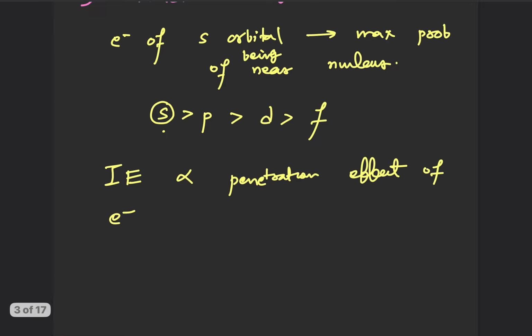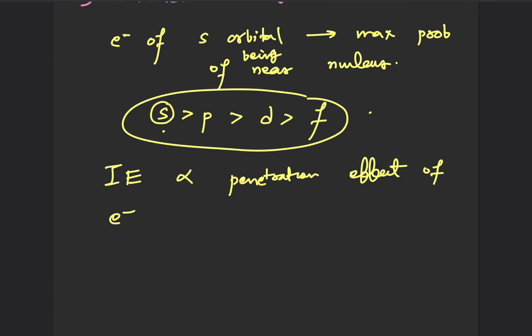So the ionization energy will be more to knock out an s electron, then a p electron, then a d electron, and then an f electron of the same shell. Remember, always we are comparing these from the same shell. This is the important point. When you use penetration effect, make sure that orbitals are from the same shell.